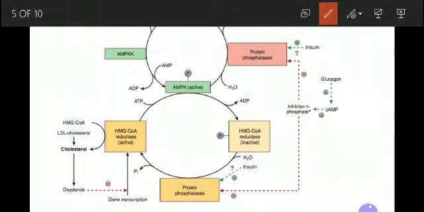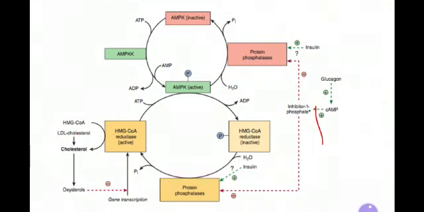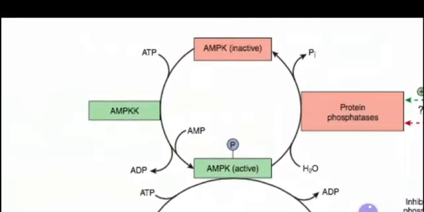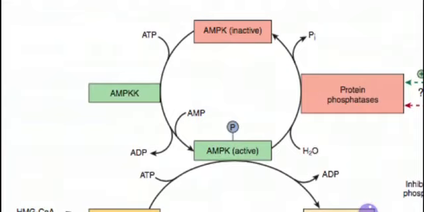AMPK itself will be active when it is phosphorylated, and its phosphorylation is done by a protein, AMPKK.